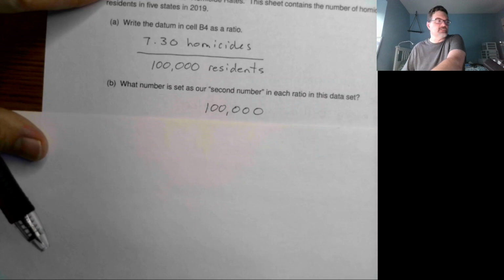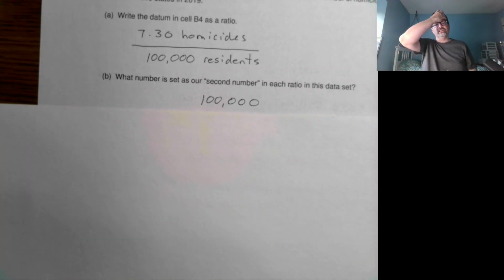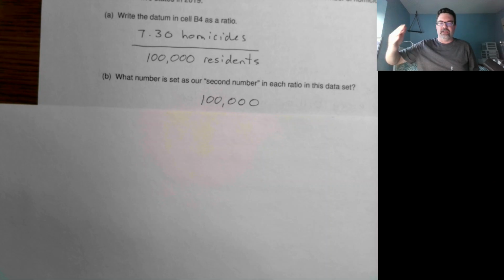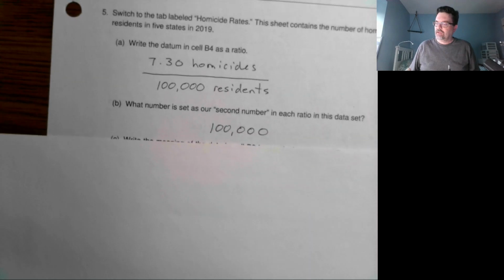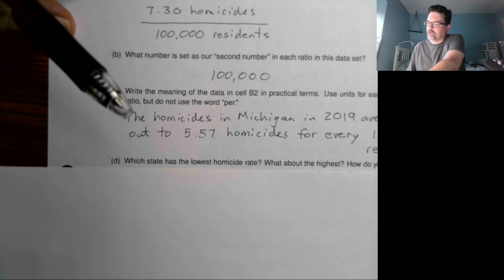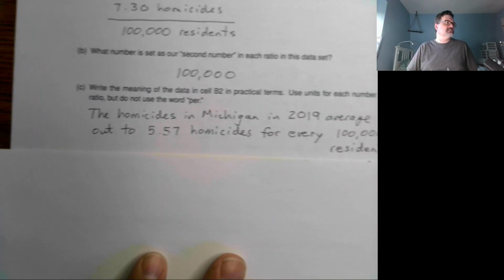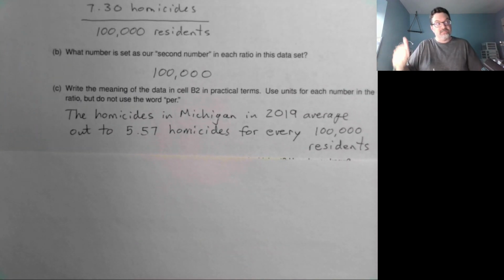All right. In all of these pieces of data for the states, they're all ratios comparing something to 100,000 people. And that Michigan number, if we were to write it out in words, looks like this. Homicides in Michigan in 2019 average out to 5.57 homicides for every 100,000 residents.